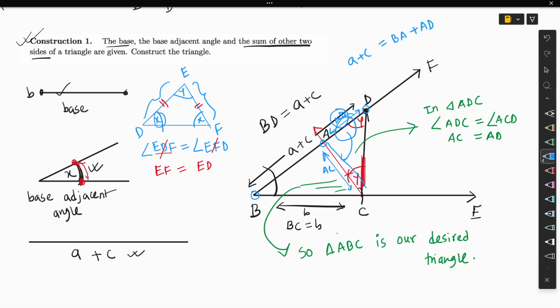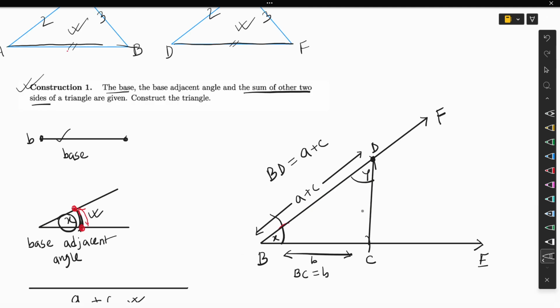So this is B, this is one side, and the other part is here, so it completes the triangle, right? It completes the triangle, isn't it? And we have also used this x angle here, so this is our desired triangle. That's why we draw like this.